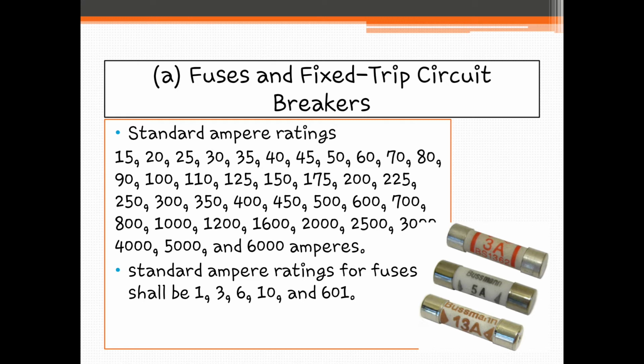The use of fuses and inverse time circuit breakers with non-standard ampere ratings shall be permitted. So guys, we should know these standard ampere ratings, because when we install in our own house, we cannot just improvise or use anything. We should know and consult someone more knowledgeable, or should I say a licensed electrical engineer, so we don't improvise, because if you improvise, there are instances that it may cause a fire or your fuse may suddenly blow. I mean, it may cause overload in your circuit.